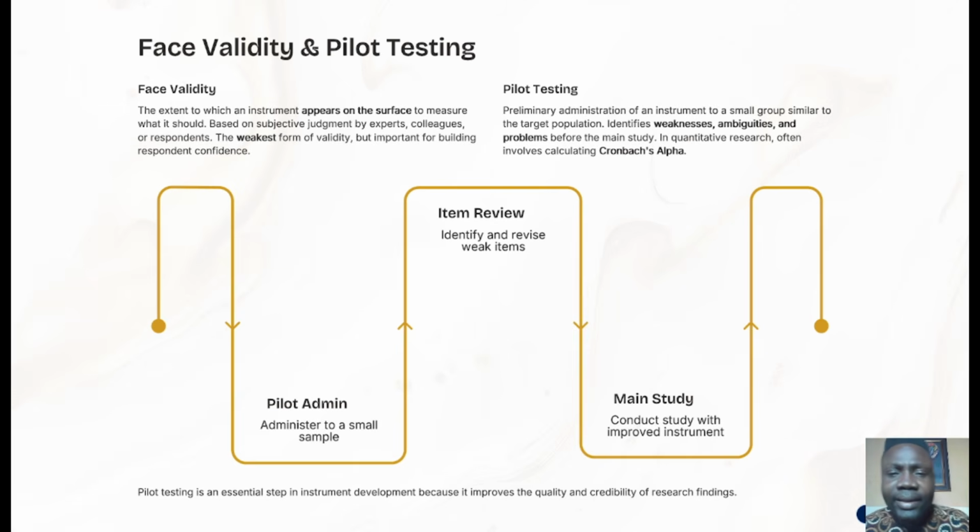Now, immediately we start any study and we develop the instruments, the first thing to do is to carry out face validity. That means there are experts in that area. They may correct it.